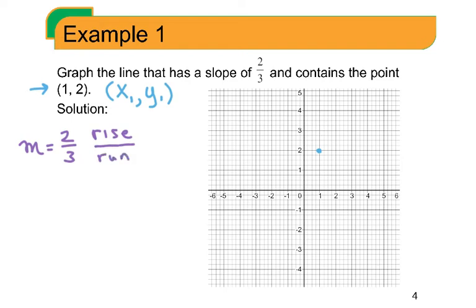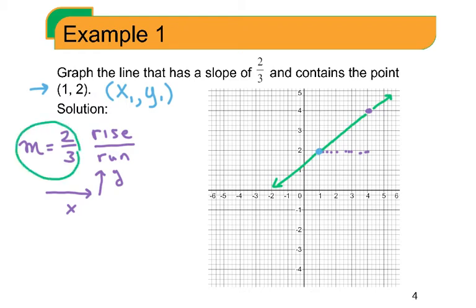So I can graph this line by going 3 units in the x direction from my original point and 2 units in the y direction. If I go over here, that would put me at 4. And then I go up 2. There's my second point. We only need 2 points to create a line. Now just connect these, and there is the line. So you start with the point and you use the slope to get the second point, and then you have your line.